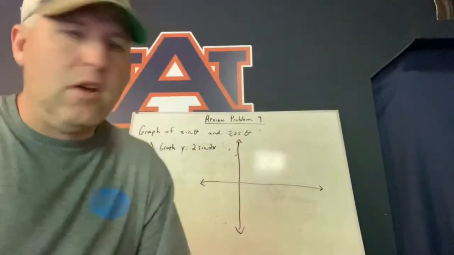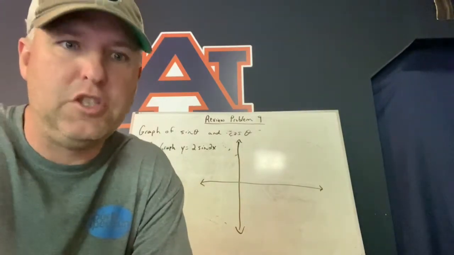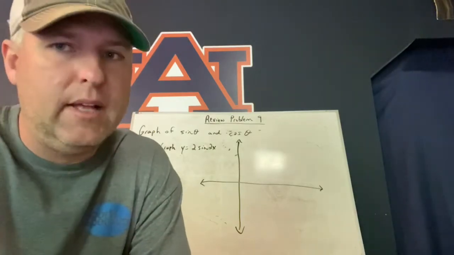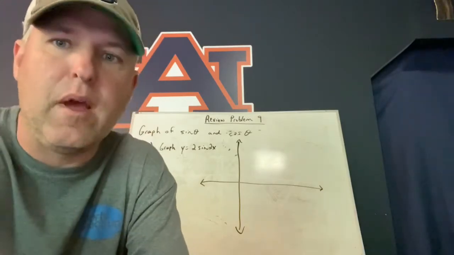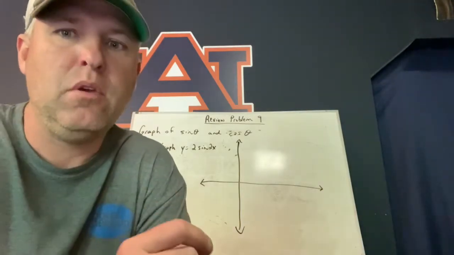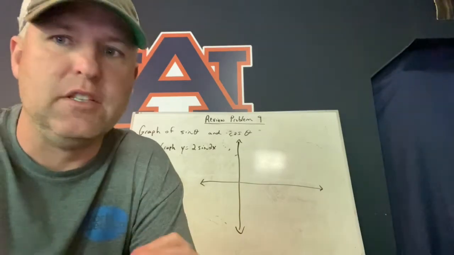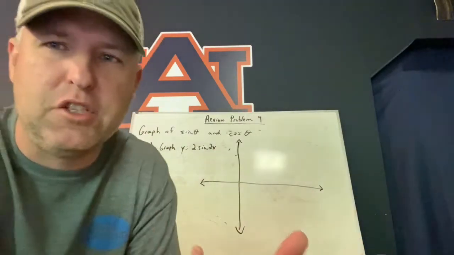All right, so here is example 3, and here is the one that you need to be able to do. You need to either be able to recognize the graph or graph the graph, and I'll explain this to you. There are 2 or 3 things you need to know.